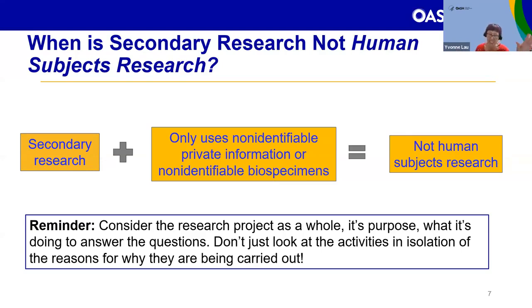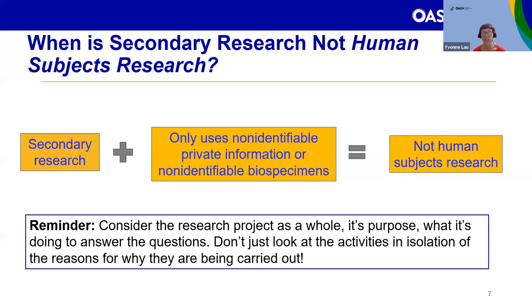First of all, you need to ascertain that this is secondary research. The research that the researcher is proposing meets the criteria we just talked about. There's no interacting or intervening with people specifically to collect their information for the current research, right? Plus, the researchers are only using non-identifiable private information or non-identifiable biospecimens.